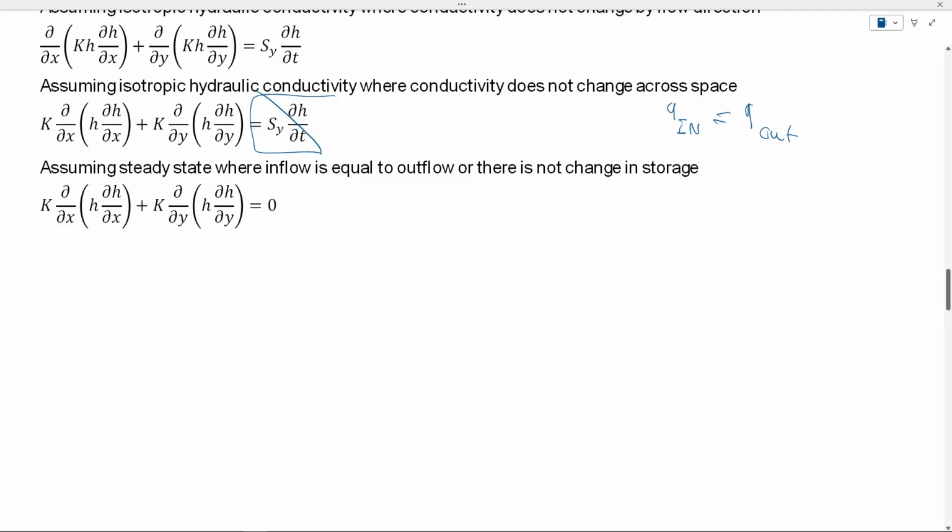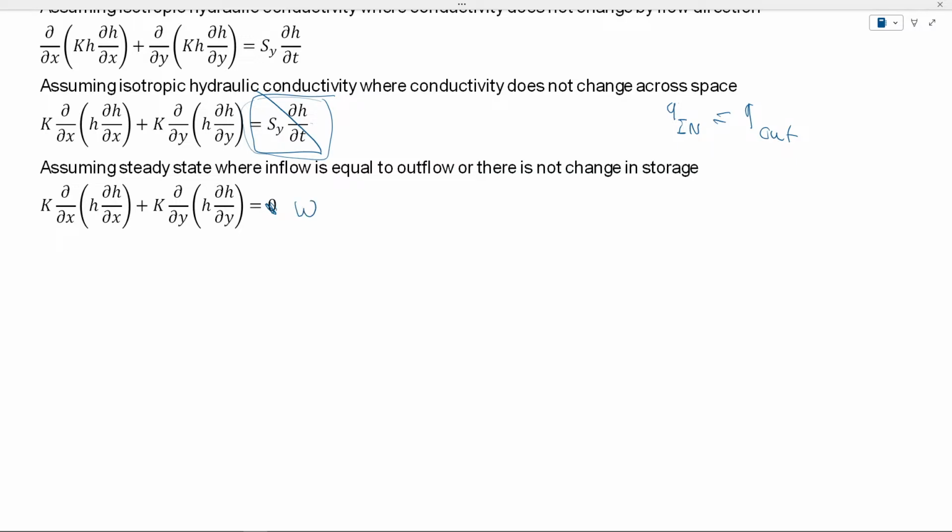Let me make one more complication. Can I make one more complication? I will make one assumption: it's not in a transient state, it's in a steady state, but there is a term W, which is a source and sink term.